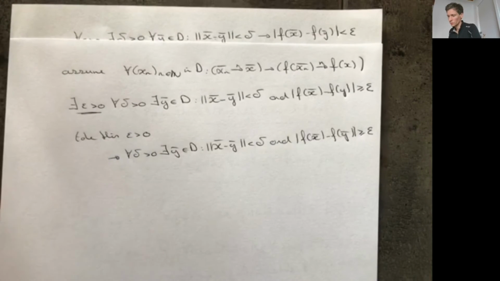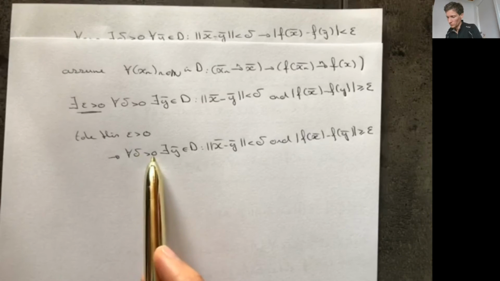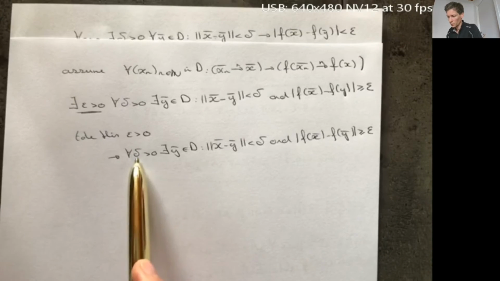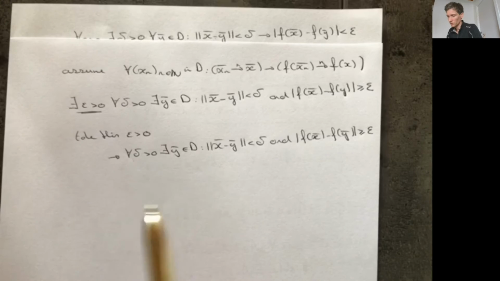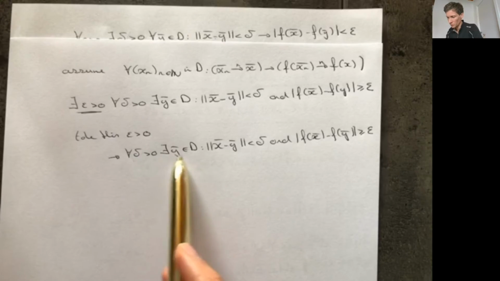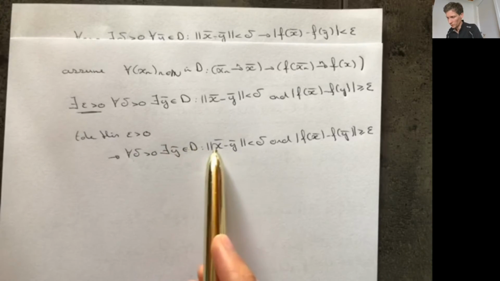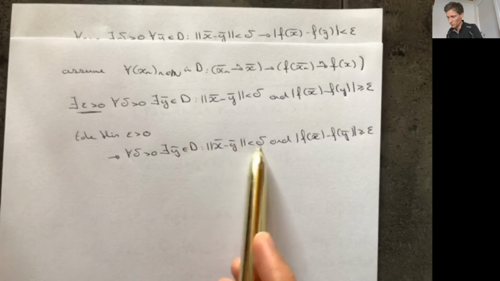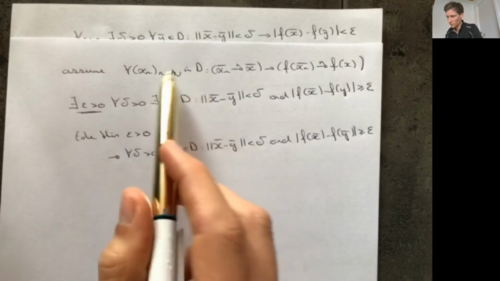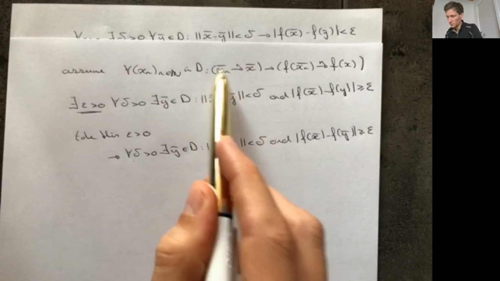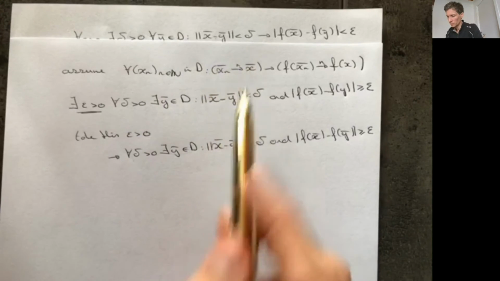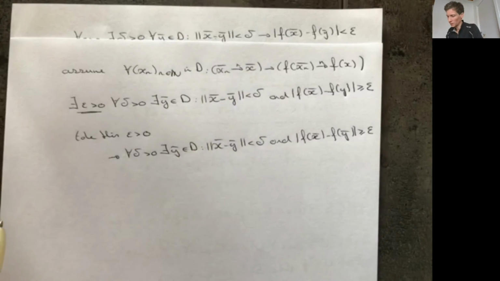Okay, so what are we going to do? We're going to take a sequence of deltas smaller and smaller and smaller. This will generate a sequence of y's, right, whose distance from x gets smaller and smaller and smaller. So in the end, we're going to get a sequence xn, yn, basically, that converges to x, right? The distance goes to 0.